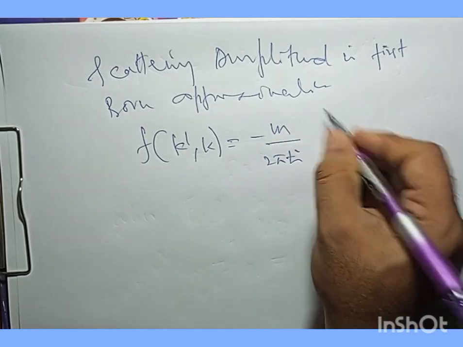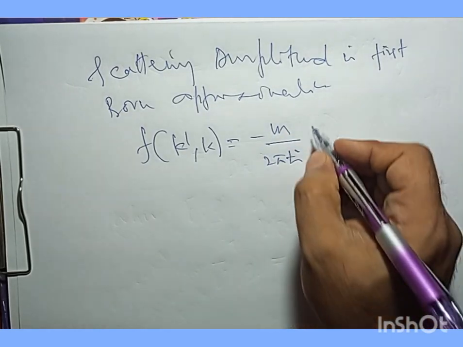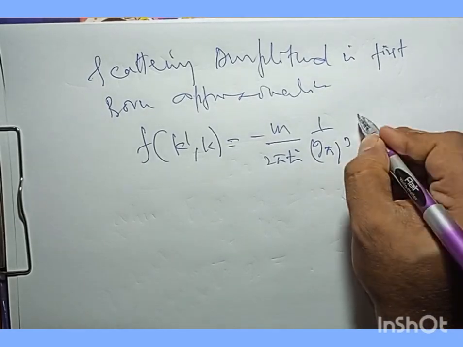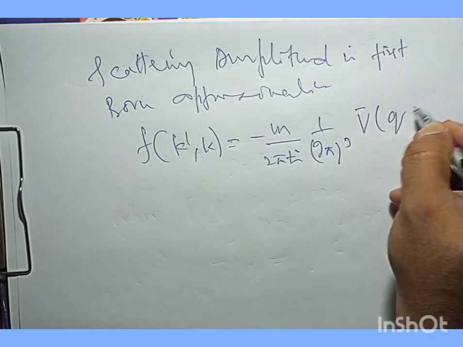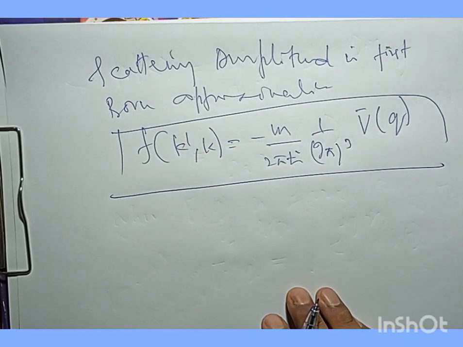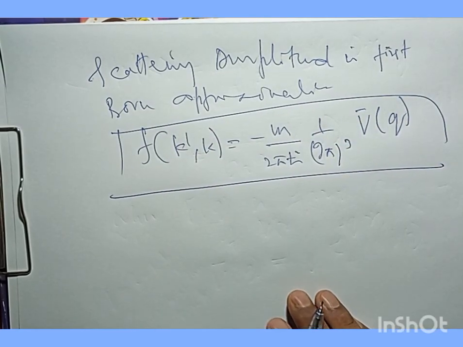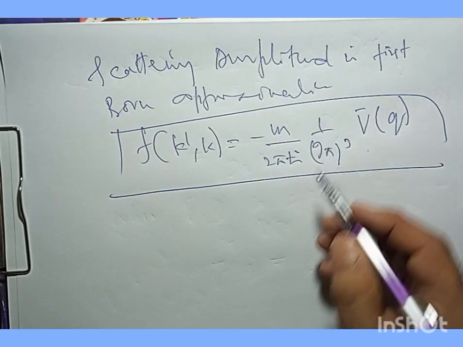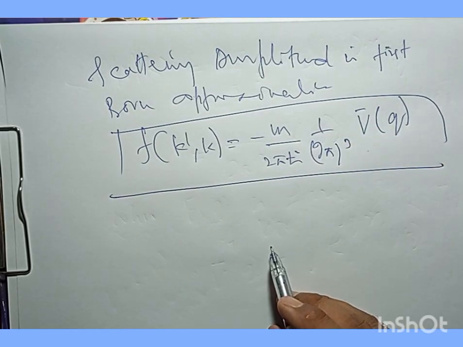I don't care about that, it is just a number, and I don't even care about 1 by (2π)^3. It is simply V bar of q. So if you take the Fourier transform of the potential and multiply it by this number, you are going to get the measure of the scattering amplitude.